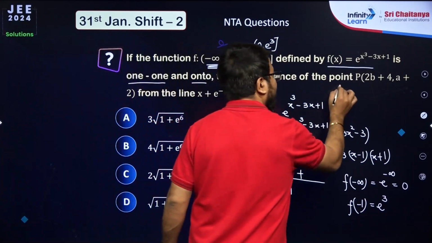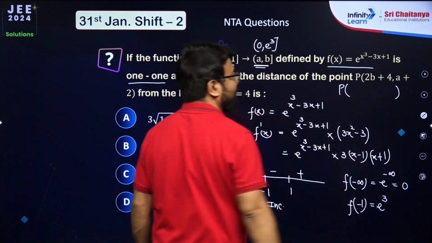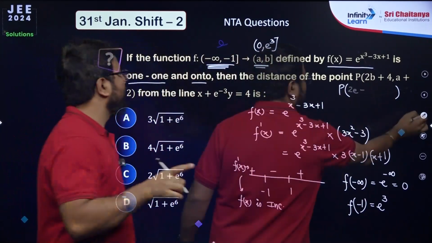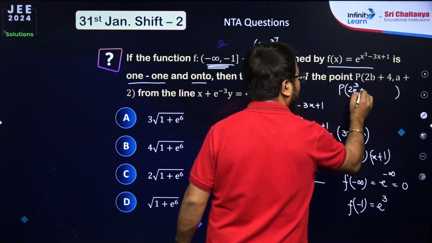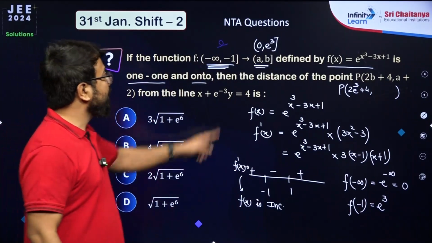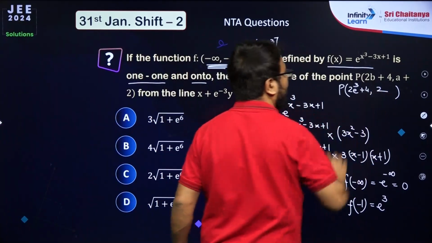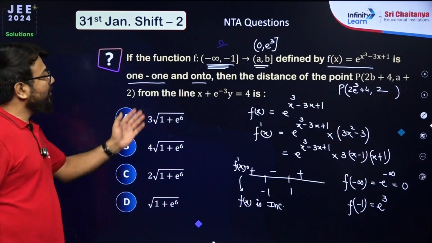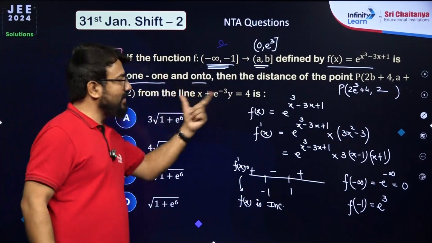Now in this way, we will be getting the coordinates of the point P. One is 2b plus 4. So here I am writing 2e cube plus 4, and then it is a plus 2. What is a? A is 0 actually. So here it will be 2. So we got the coordinates of the point P. Now we want to get the distance of P from this line.